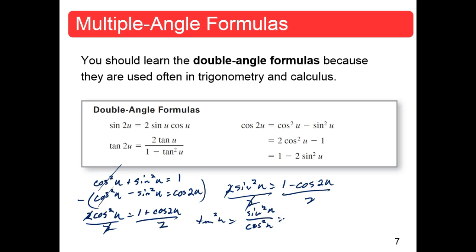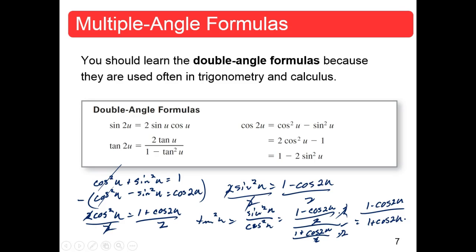And sine squared u is, where was it? Here it is. 1 minus cosine 2u over 2 over, and cosine squared u was 1 plus cosine 2u over 2. Well, you can multiply numerator and denominator by 2 because 2 over 2 is 1. And that gives you simply 1 minus cosine 2u over 1 plus cosine 2u.